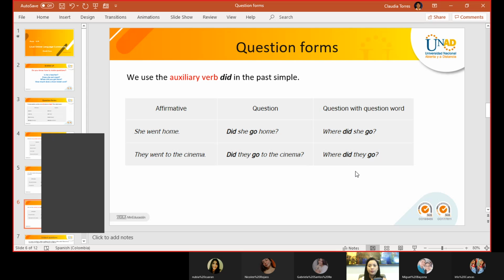But for the WH word, in this case where, you're looking for specific information about a place. Where did they go? Right? So now, before we move forward, do you understand this part? Is everything clear? Do you have any questions?